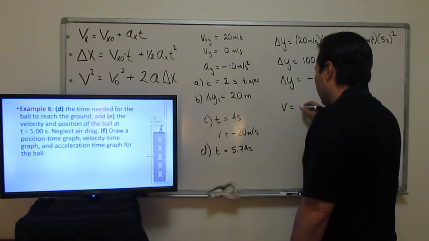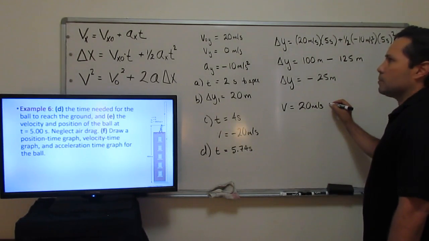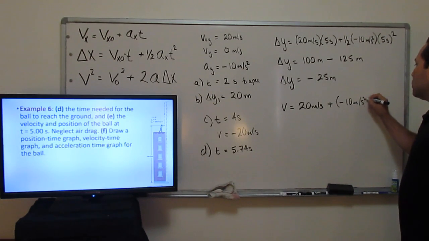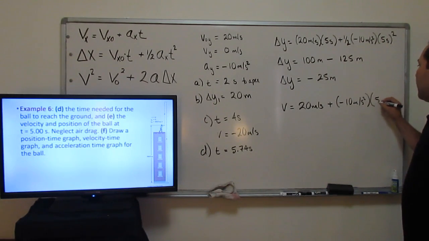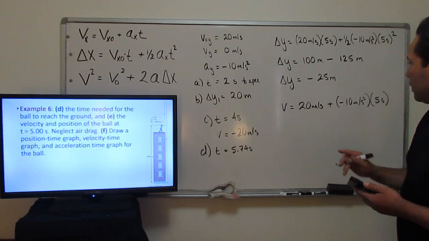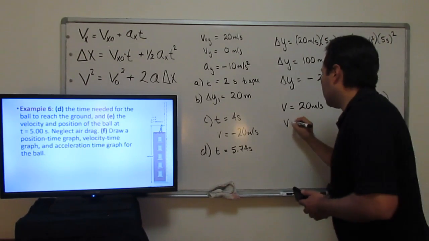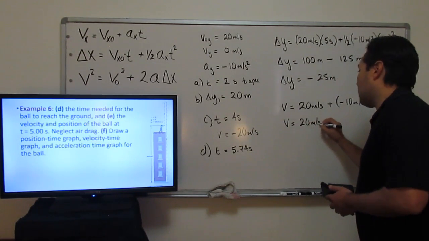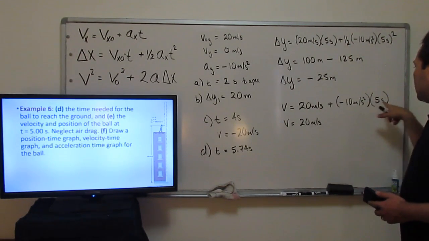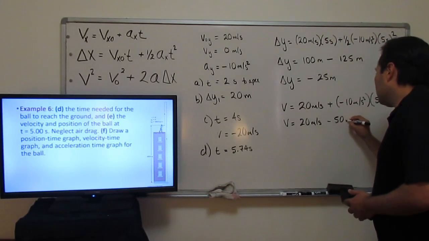Alright, and for that one, let's see, how fast is this object traveling? We're going to go ahead and have 20 meters per second, and add plus negative 10 meters per second squared, and that's going to be 5 seconds of travel time. So the velocity is going to be, multiply both of these, notice that's a negative, so we're going to end up with 20 meters per second, because remember that's the initial velocity when it's thrown up, so that's why it's positive. 10 acceleration due to gravity times the time, so that's a negative 50 meters per second.